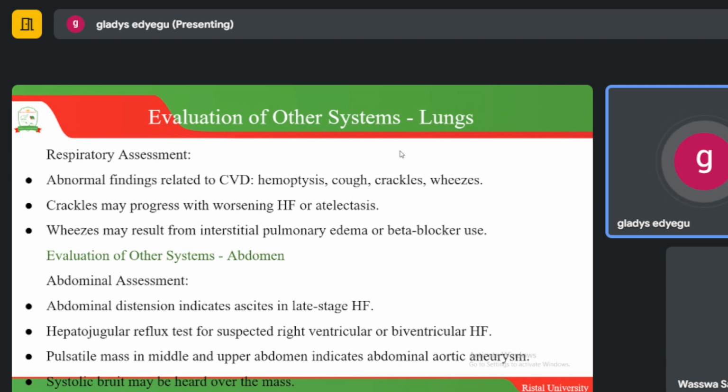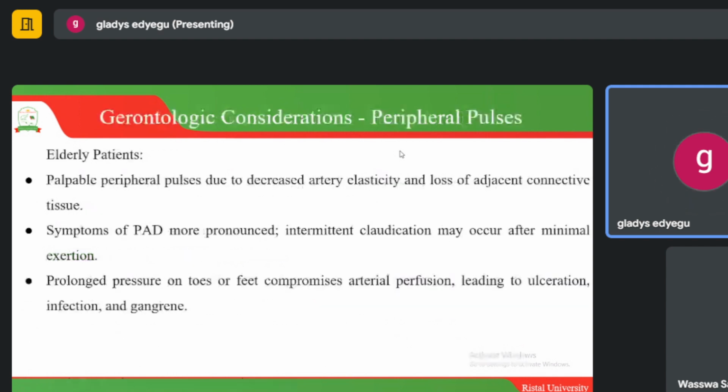So you should know the reasons why you do some of these examinations or assessments, and be able to articulate what you find to what the condition could be. So a systolic bruit may also be heard over the mass. So all this can help you evaluate the condition of your patient.